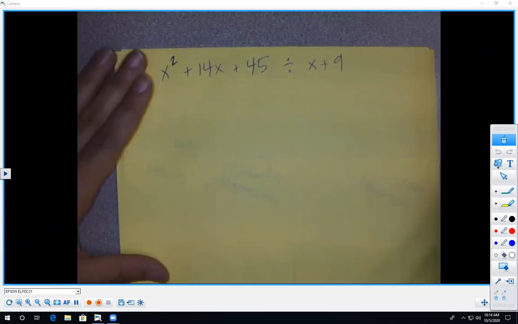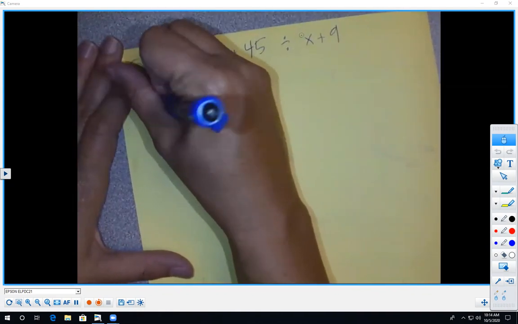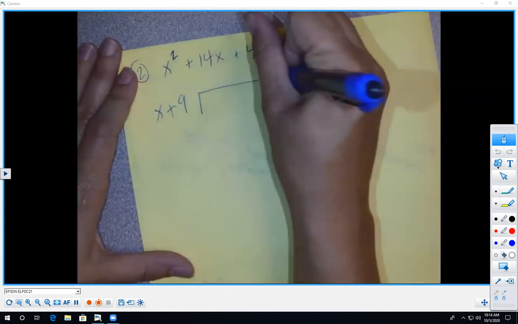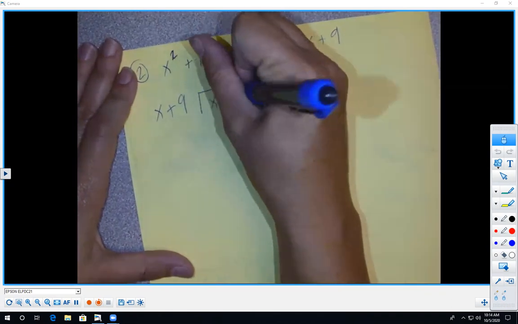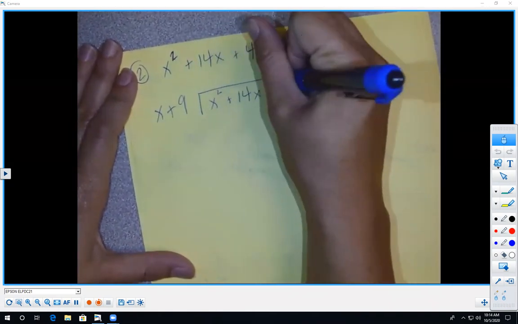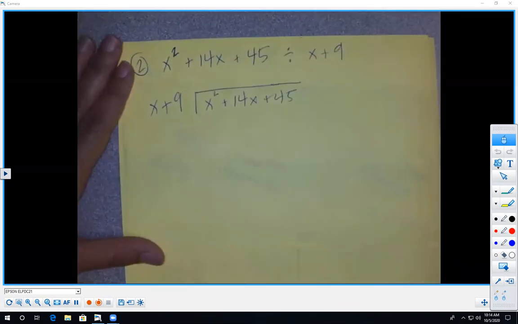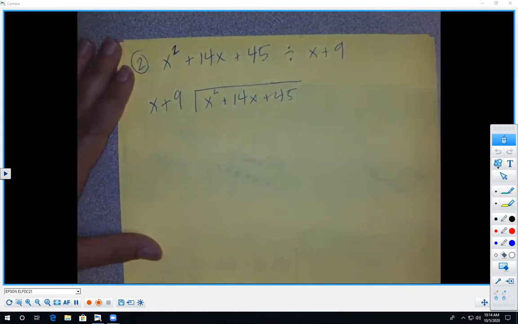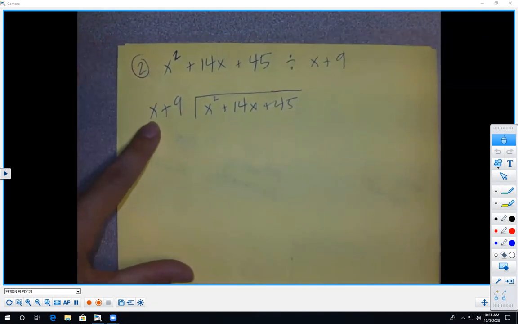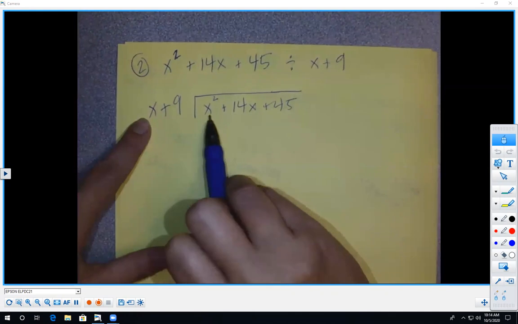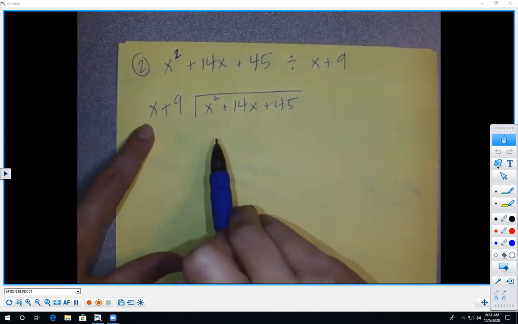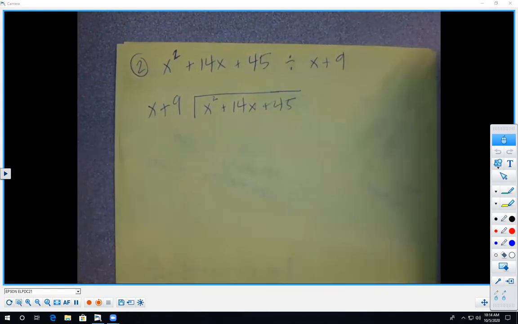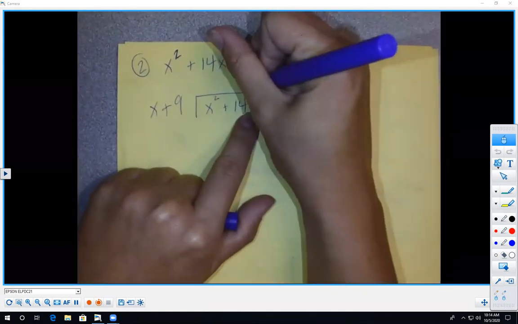So you're going to put x plus 9 on the outside. You're going to put your division bar and x squared plus 14x plus 45. First step, how many times does x go into x squared, or x times what equals x squared? X. I'm going to put that above the 14x.